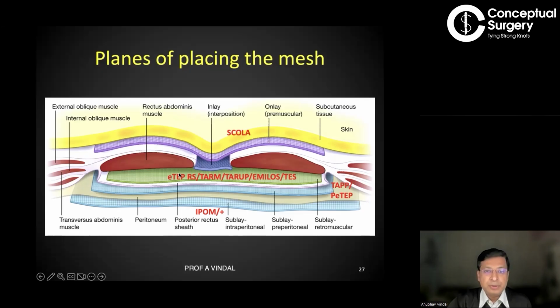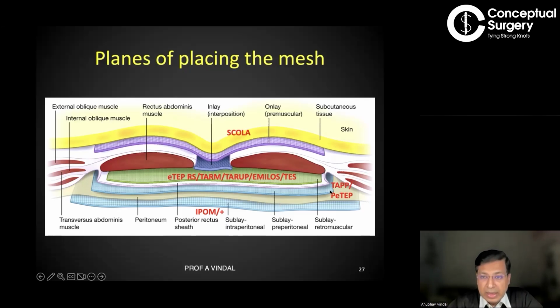The laparoscopic version is eTEP RS, transabdominal retromuscular repair, transabdominal repair of umbilical, TARUP, or eMILOS, or the totally endoscopic repair. Then totally extraperitoneal sublay repair. If we talk about the plane that is present between the posterior rectus sheath and the peritoneum, that is the preperitoneal sublay.